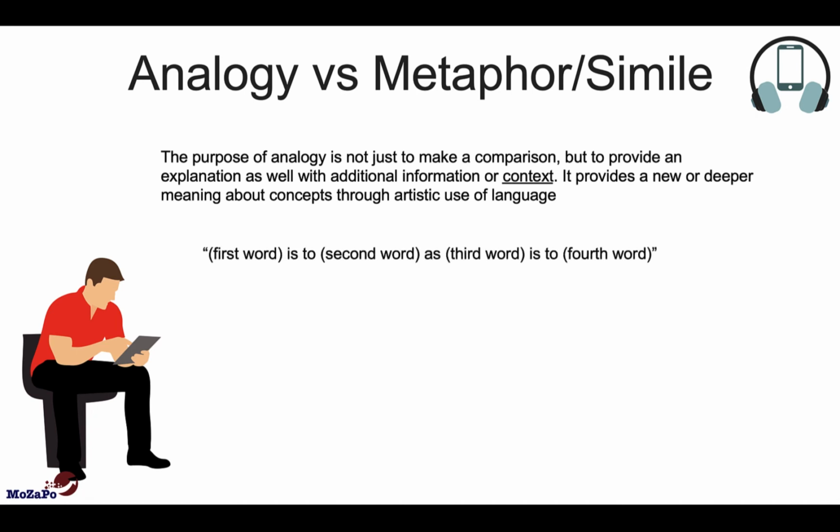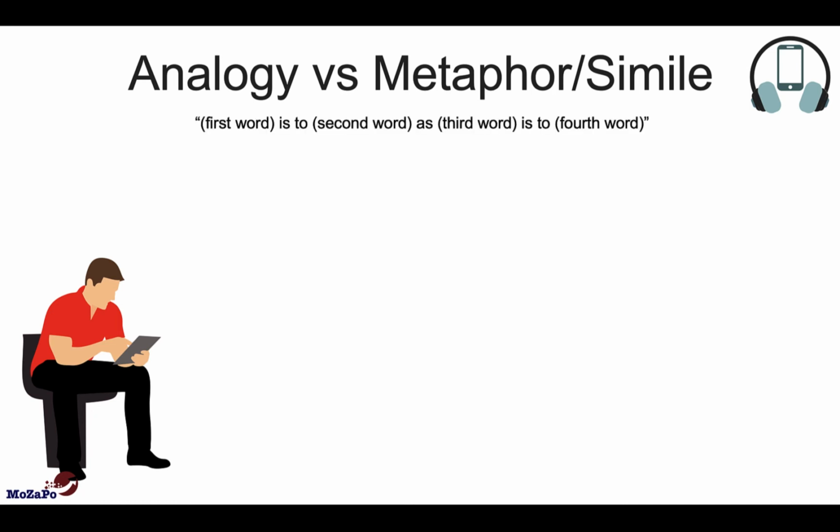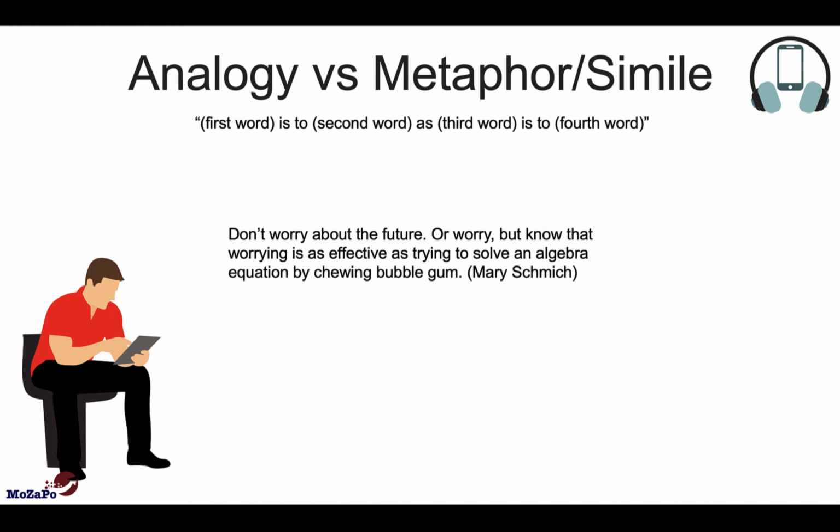So here, first word is to second word, as third word is to fourth word. It's the formula for analogy. Sand is to beach, as water is to ocean. So as you see, there's a comparison between sand, water, beach, and ocean. Or here there is another example.